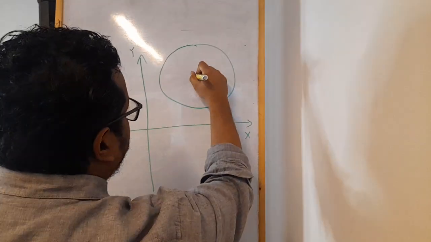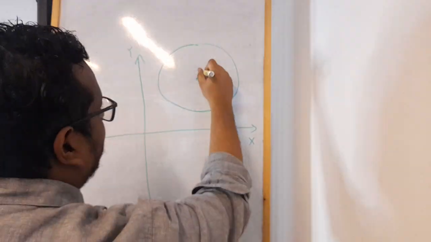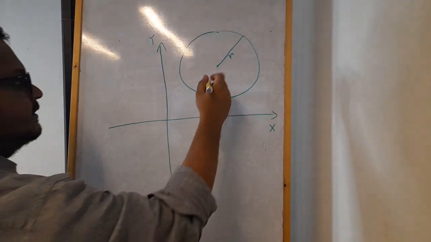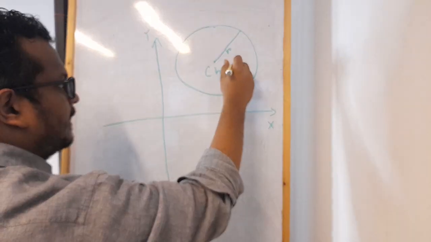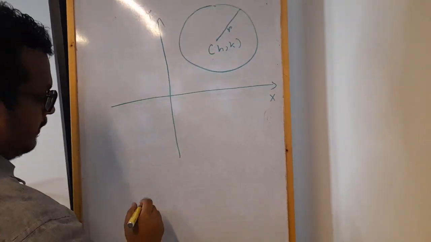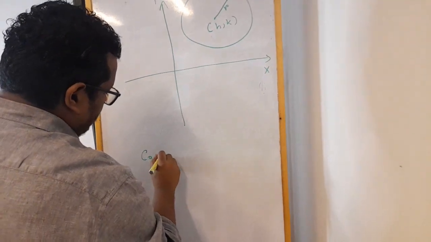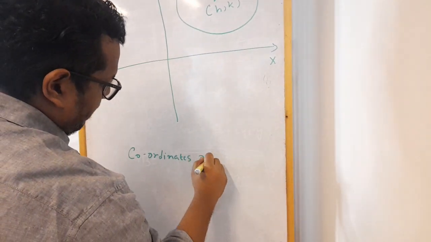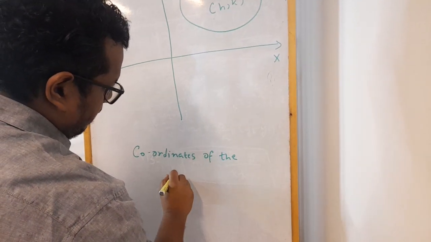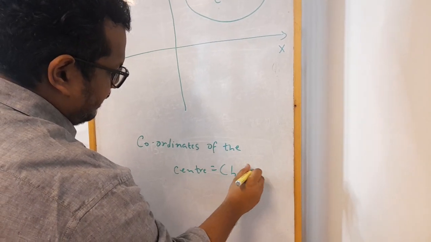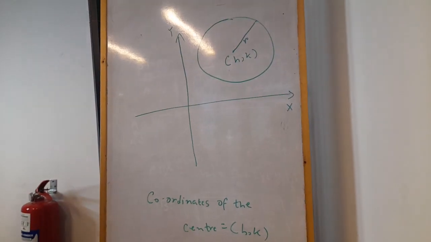Suppose this is the center and this is the radius, and the coordinates of the center of the circle are h and k. So h is the x coordinate and k is the y coordinate.